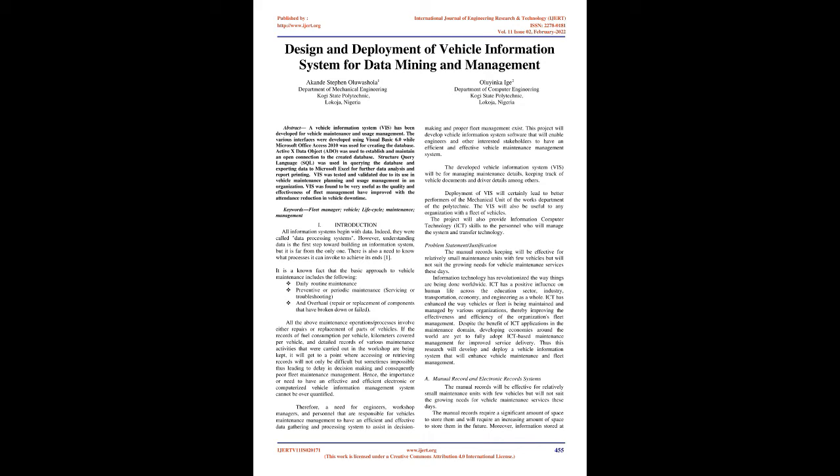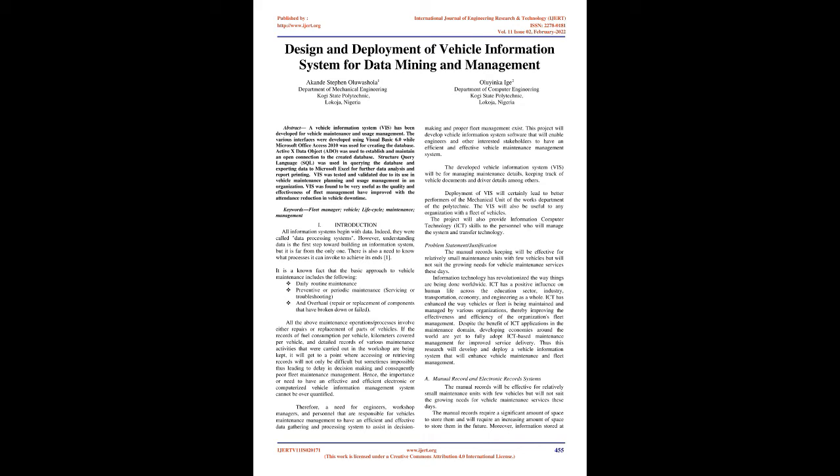Introduction. All information systems begin with data. Indeed, they were called data processing systems. However, understanding data is the first step toward building an information system, but it is far from the only one. There is also a need to know what processes it can invoke to achieve its ends.